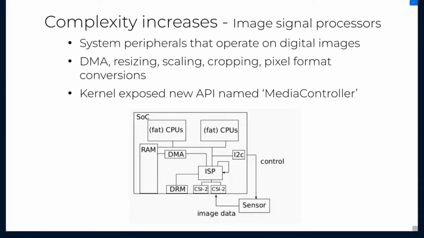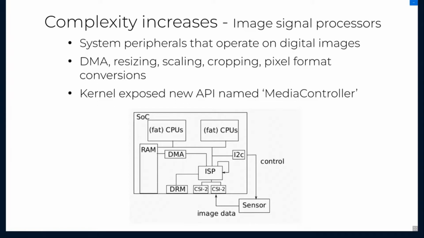ISPs are basically a group of building blocks that have some specific operations on the raw data that has been captured. Imagine a pipeline, or simply a GStreamer pipeline. You would have elements and the data would flow through them. Image signal processors are basically system peripherals, embedded on the SoC itself.